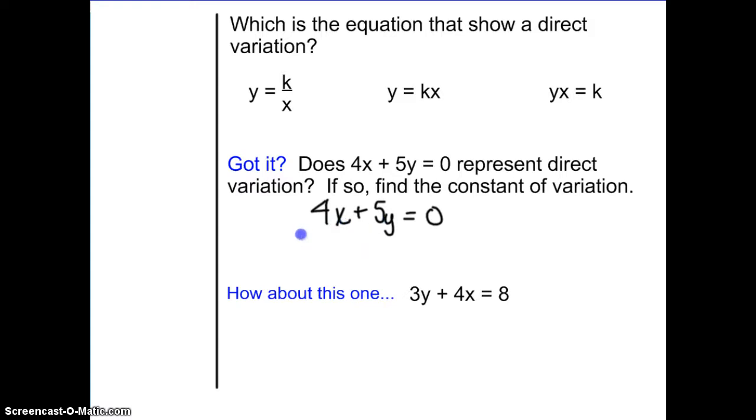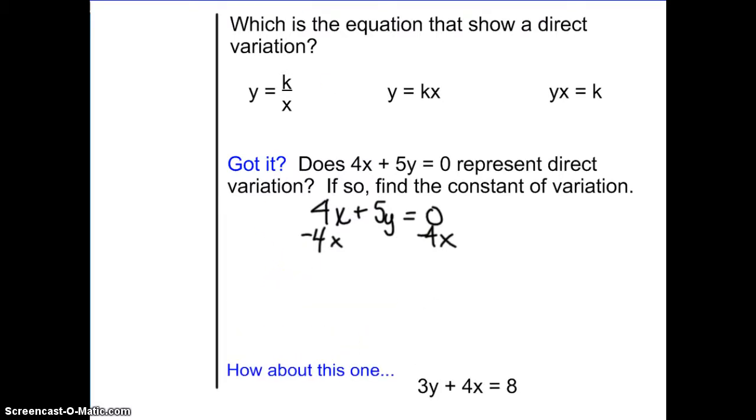It's added, and it's added because there's an invisible plus right here, not because of this one. So I'm going to subtract the 4x from both sides. If that's the case, what do we have there? Well, this cancels out, so I drop down my 5y equals negative 4x plus 0.